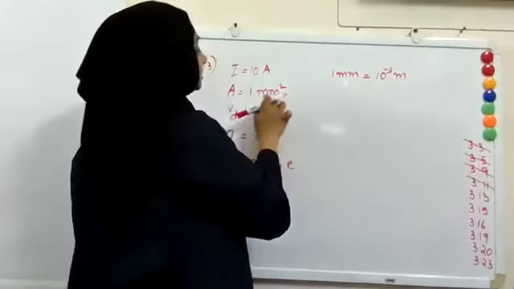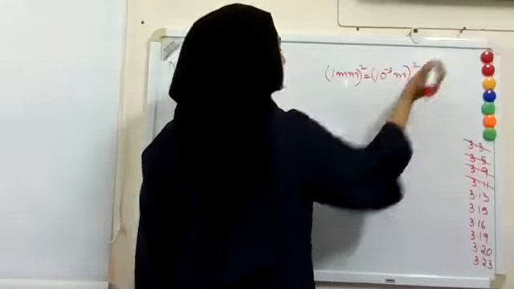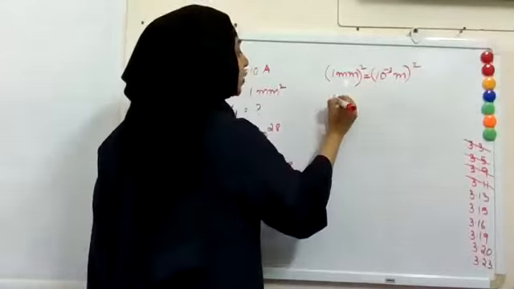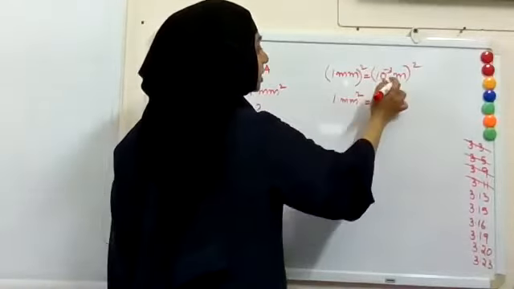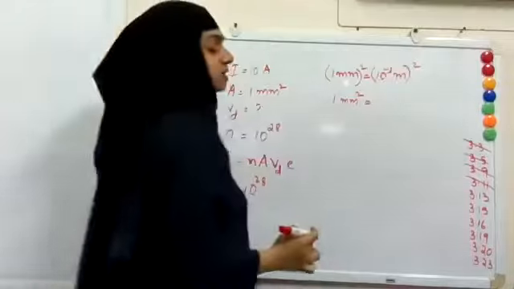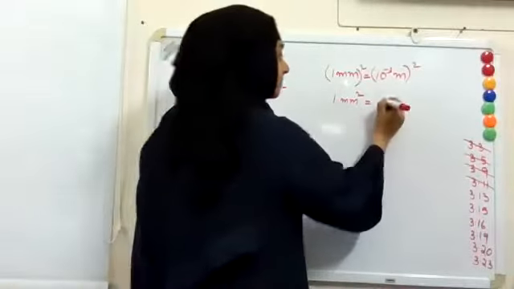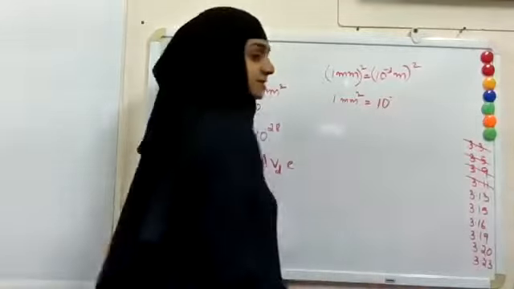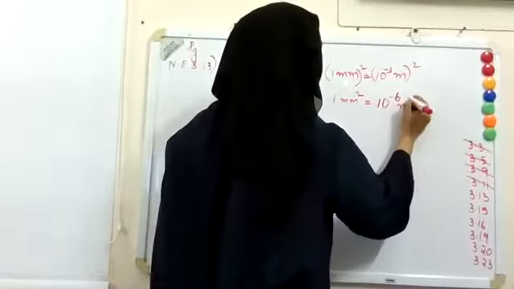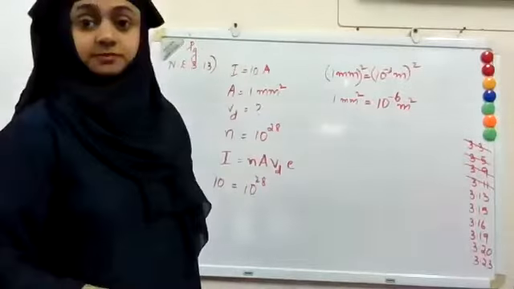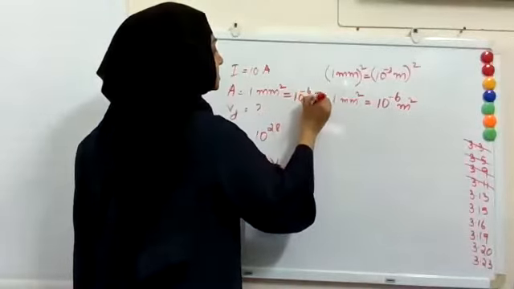Now you have to find millimeter square, so take the square on both sides. 1 square is 1. Millimeter square is equal to 10 raised to minus 3 square. What is 10 raised to minus 3 square? 1 into 10 raised to minus 6 meter square. Is that clear? So you have to express area as 10 raised to minus 6 meter square.